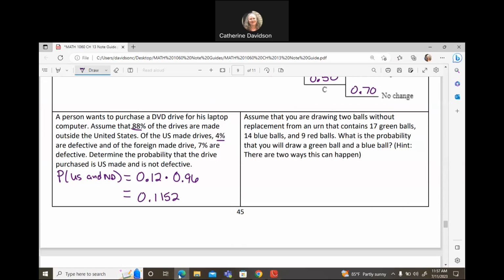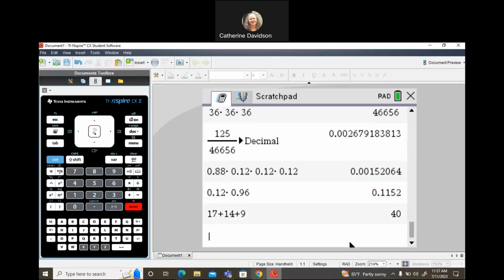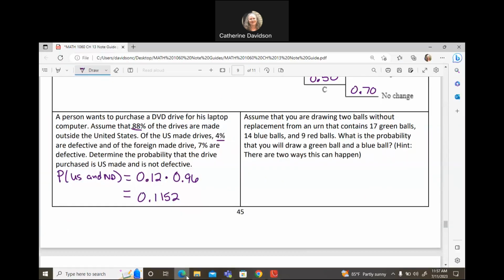Assume that you're drawing 2 balls without replacement. So once you pull a ball out, you're not going to put it back in, from an urn that contains 17 green, 14 blue, and 9 red. Let's add those. So the total they have is 40. What is the probability that you draw a green and a blue?